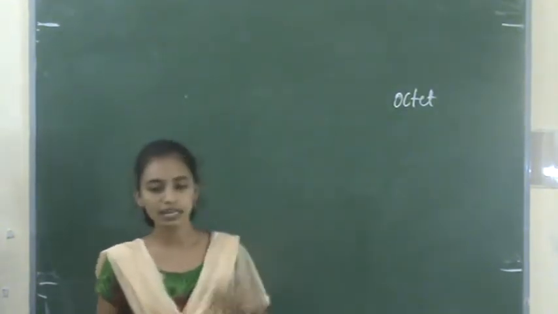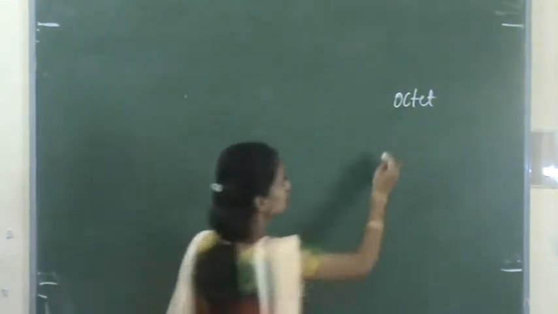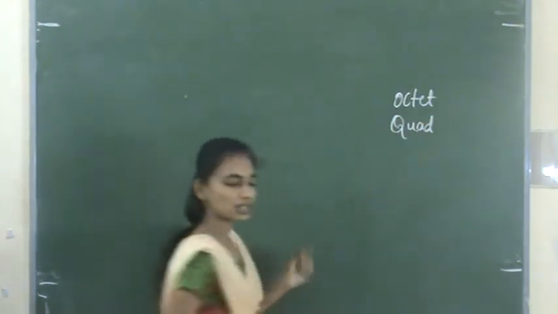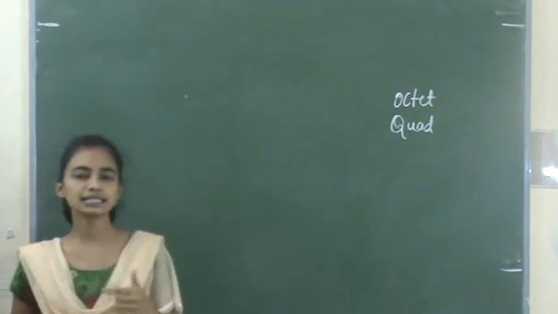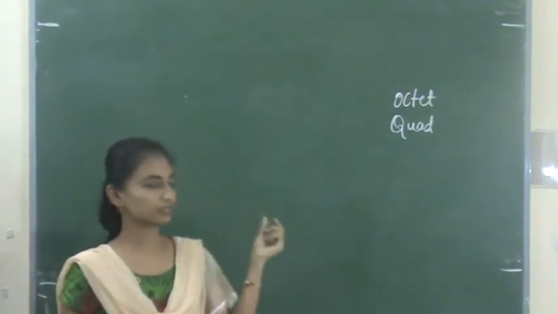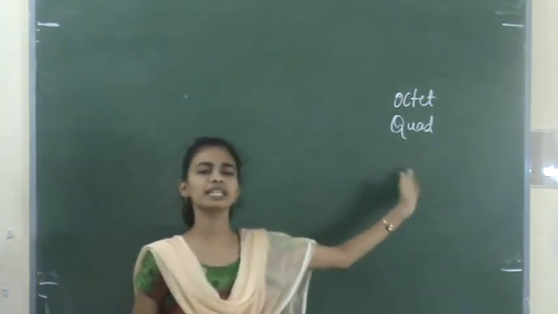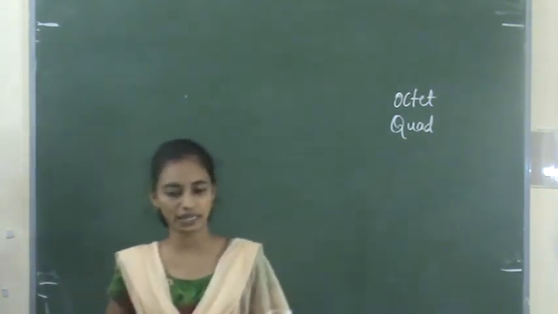Next one is quad. In this we are encircling the 4 adjacent ones, so it also eliminates the 2 variables, right?